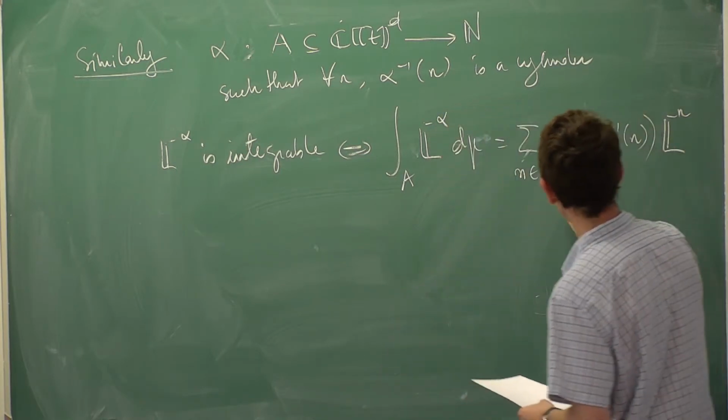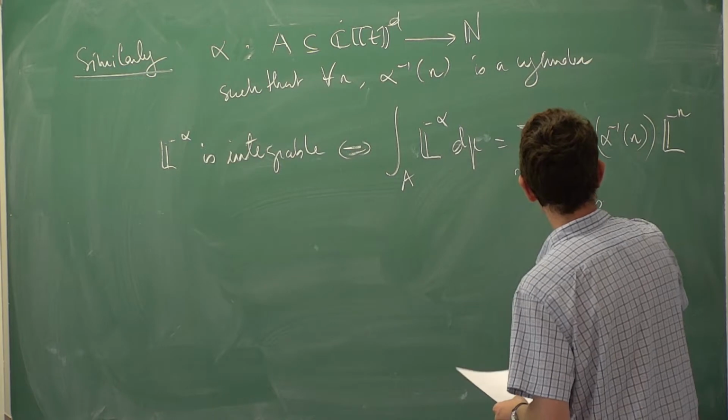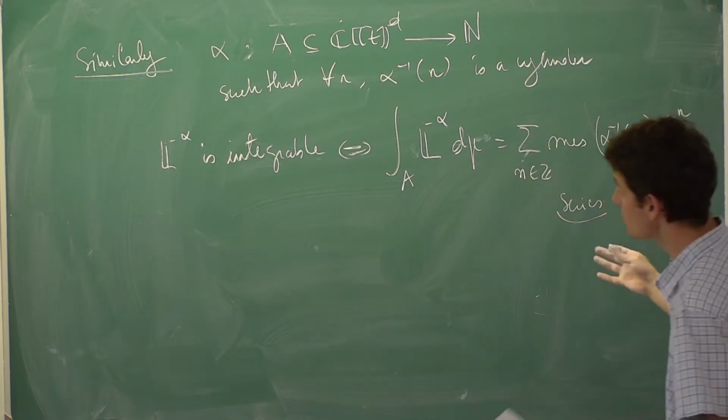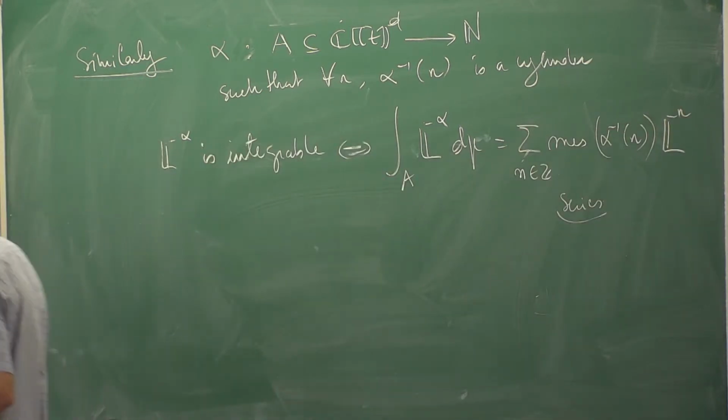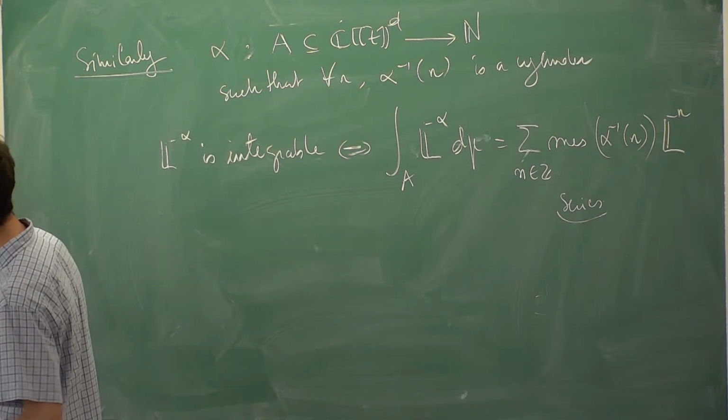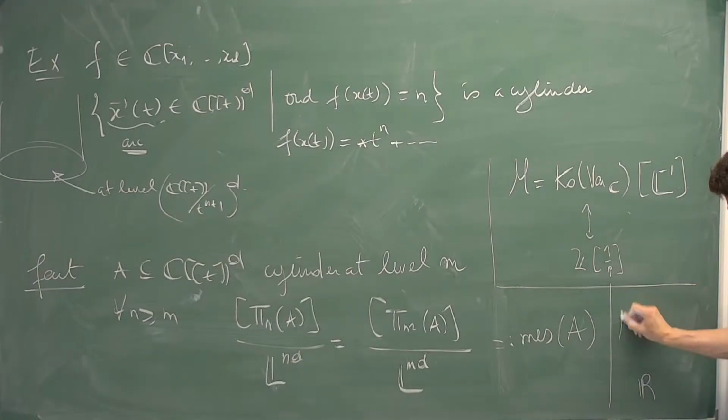So this is a series. So to give a sense of that, I need something which is analogous to the reals. And the thing which is analogous to the reals is a completion of that ring in such a way that L^(-n) goes to 0. So you take a completion.